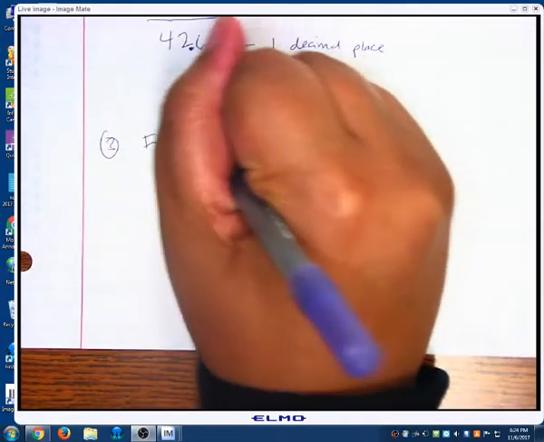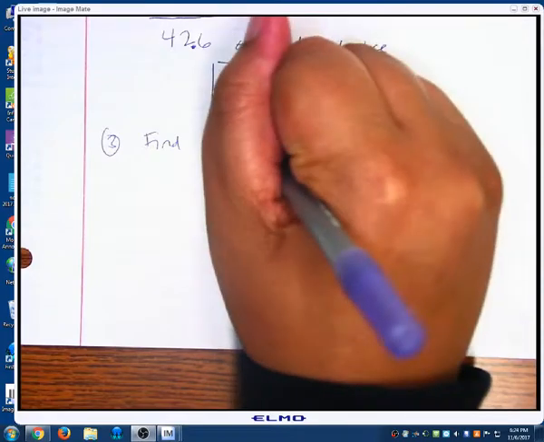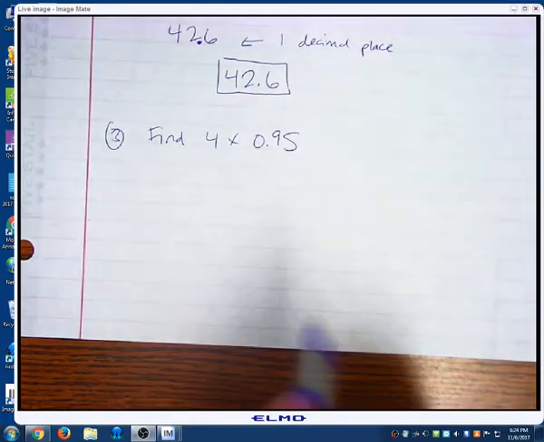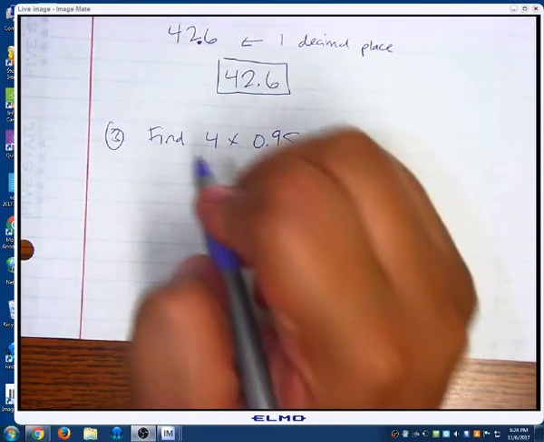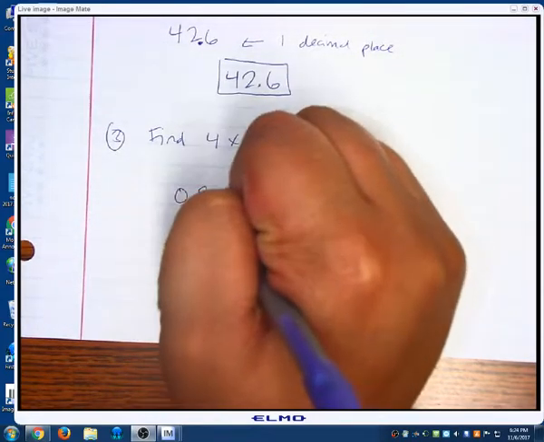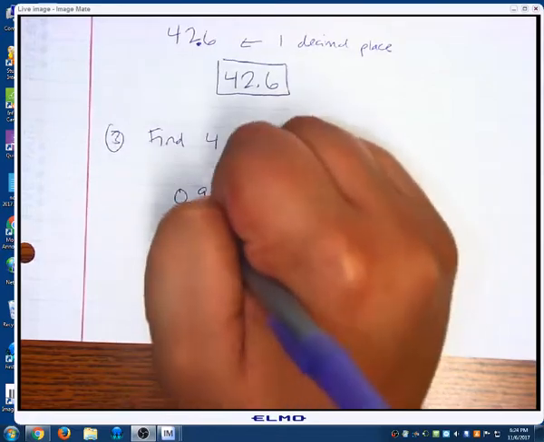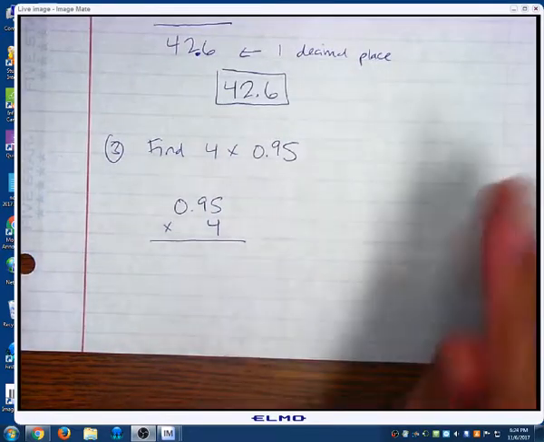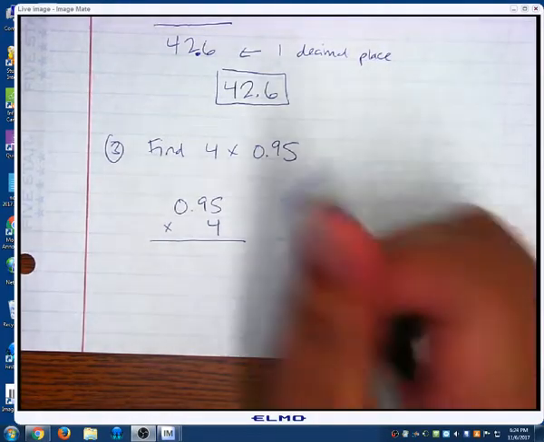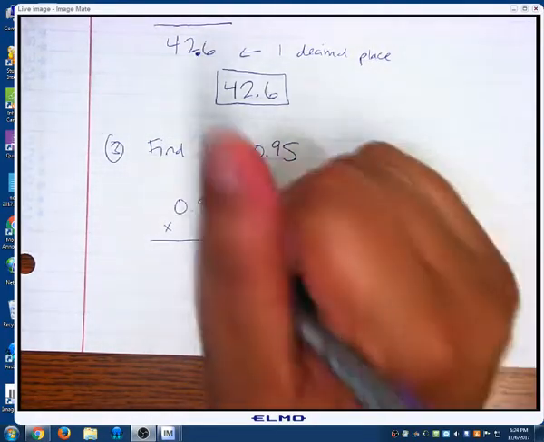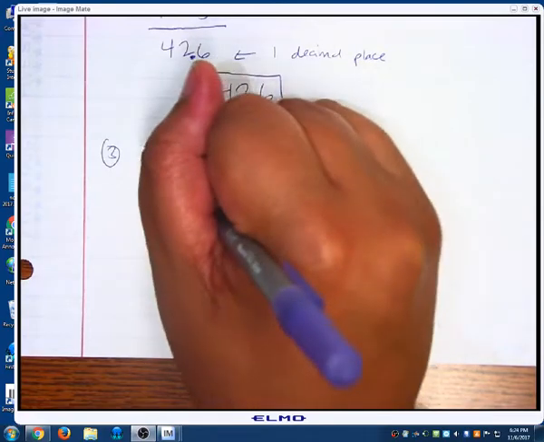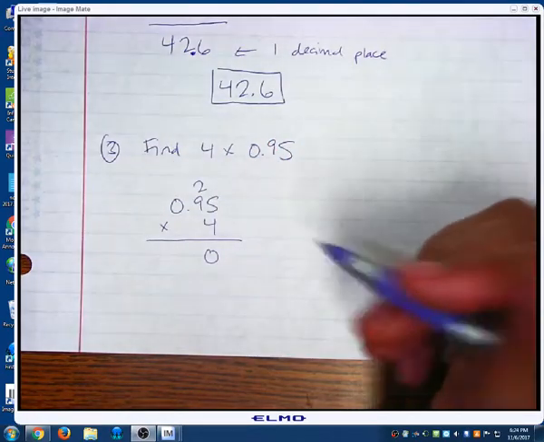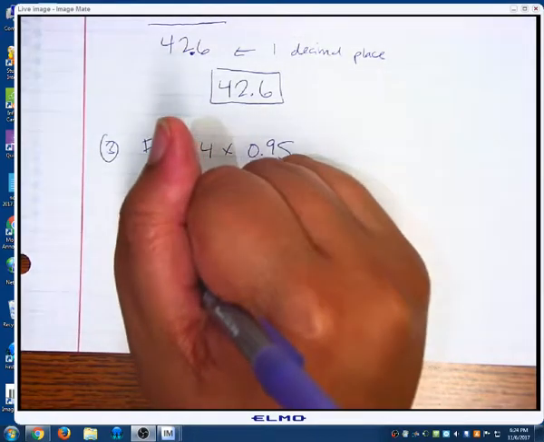All right, my last example is going to be number 3, at least for this part 1. It's going to be find 4 times 0.95. So I'm going to write 0.95 up top and times 4 at the bottom. And then I'm going to multiply again just like normal. 4 times 5 is 20, so put the 0, carry the 2. 4 times 9 is 36, plus 2 is 38.